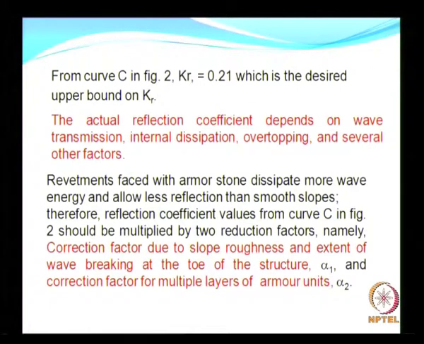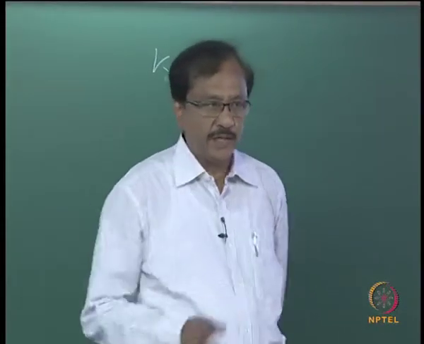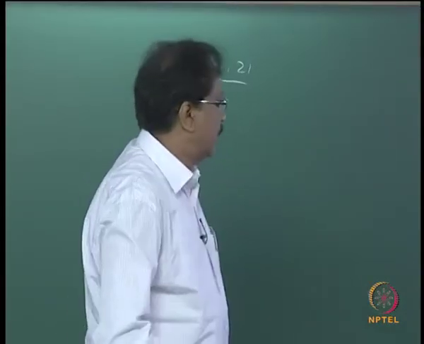Now revetments faced with armor stone dissipate more wave energy and allow less reflection than smooth slopes. This point is very clear, okay. That is why we have two coefficients.